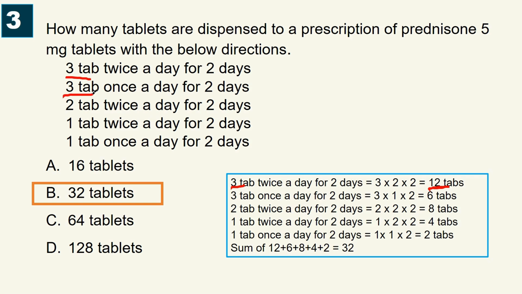Then the second, 3 tablets once a day for 2 days, would be equal to 6 tablets. Then 2 tablets twice a day for 2 days equals 8 tablets. Then 1 tablet twice a day equals 4 tablets, and 1 tablet once a day for 2 days would equal 2 tablets. So if you add all those together, the sum is 32 tablets.